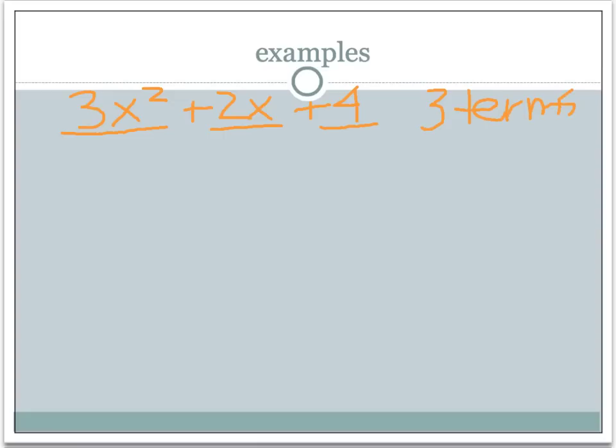And in each of these terms, let's see here, we've got one constant, so 4 is our constant. 3 and 2 are our coefficients, and x is our variable.